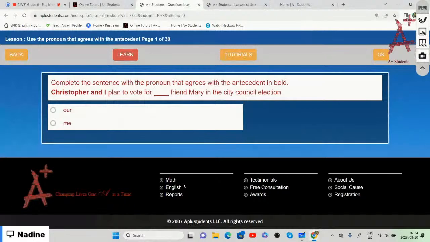So Christopher and I plan to vote for, is it our friend Mary or me friend Mary in the city council election? So Christopher and I plan to vote for our friend, which is Mary.